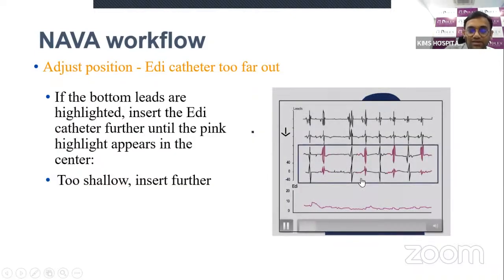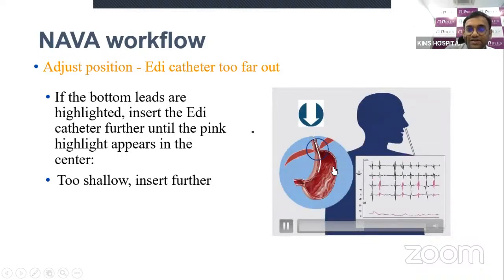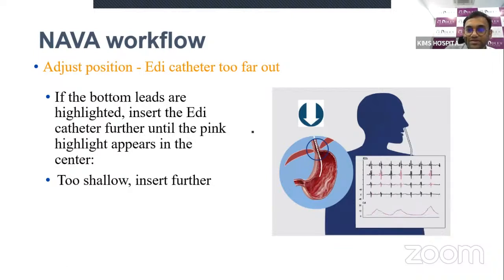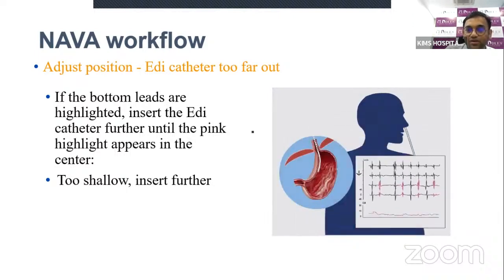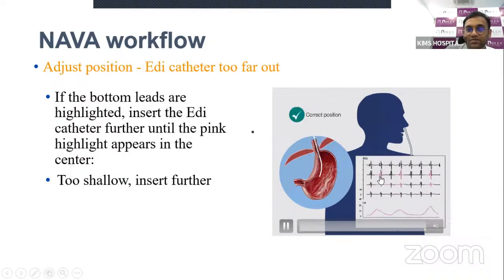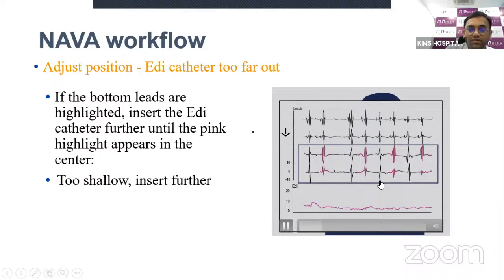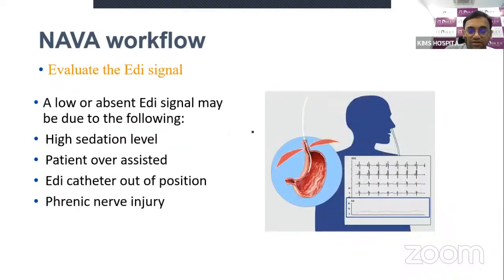Suppose the third and fourth ECG leads are pink, it means that you have inserted the EDI catheter too shallow, so we need to insert further. As you insert further, the pink waves move from the third and fourth to the second and third. In this way, we can know whether the EDI catheter is properly placed or not.